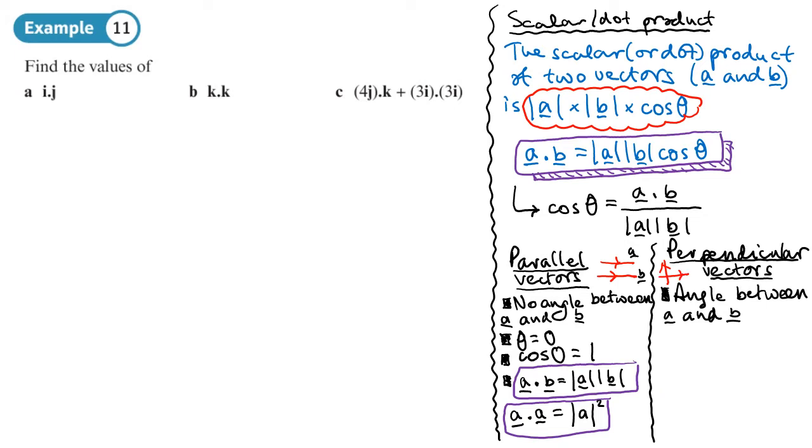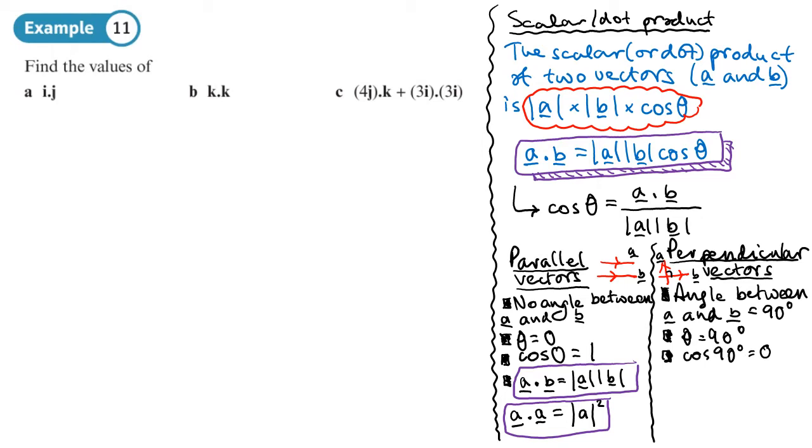A here, B here, so they are perpendicular. So the angle between the two vectors, well, that's just 90 degrees, which means that theta equals 90. And if theta equals 90, then cos 90, well, that's 0.